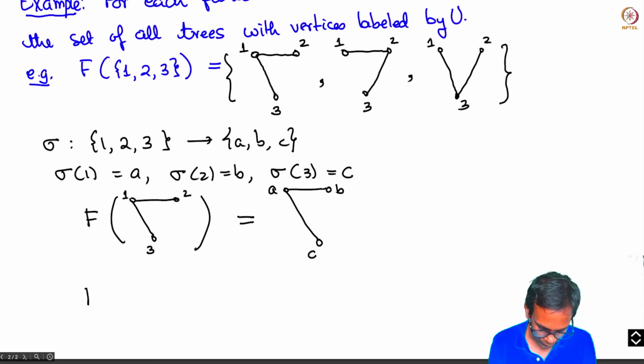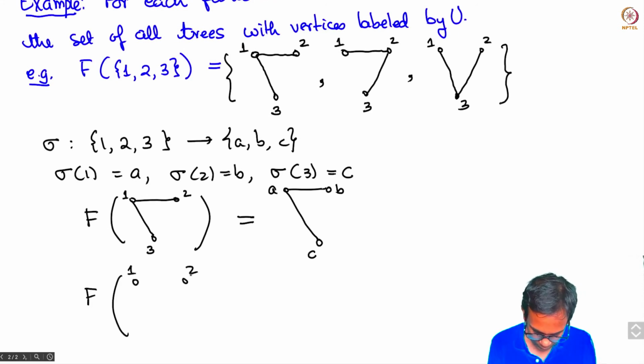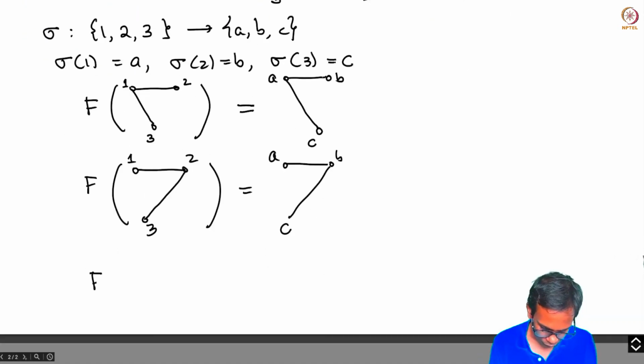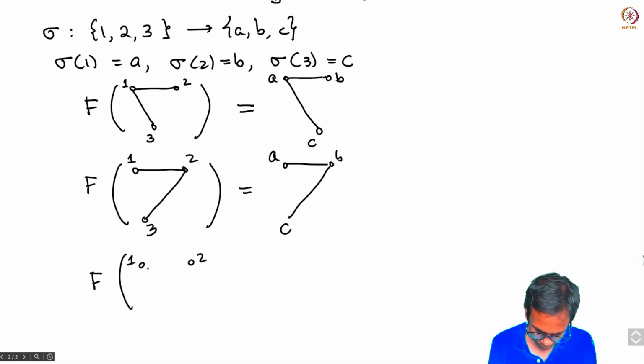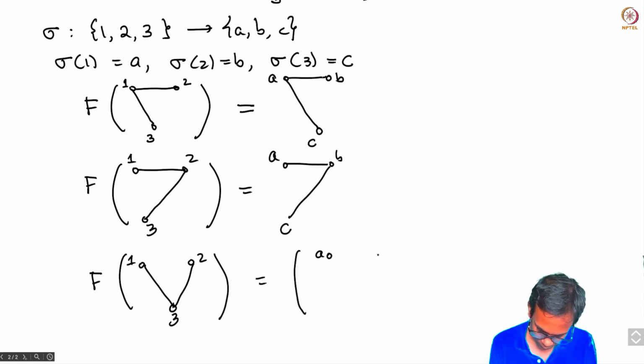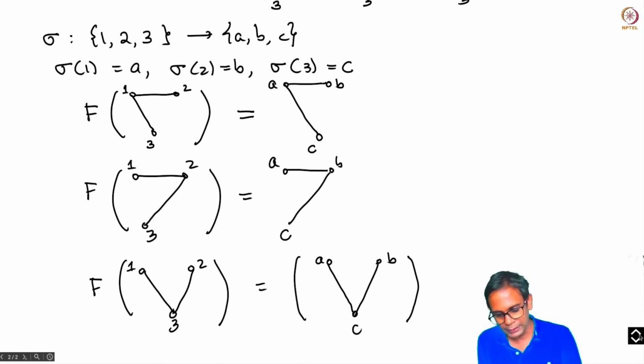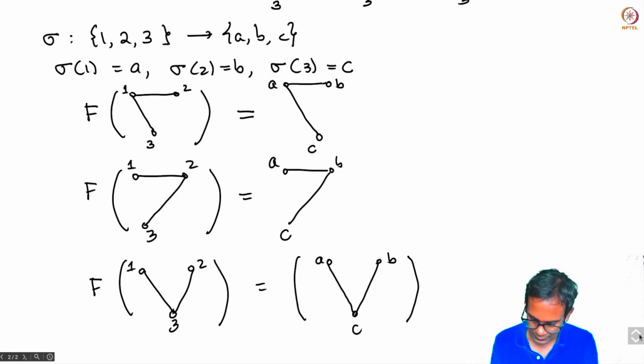So the tree structure on the set {1, 2, 3} is transported to a tree structure on the set {A, B, C} using the bijection sigma.